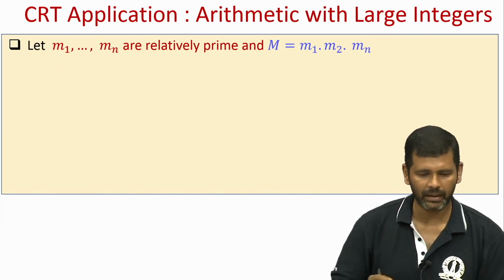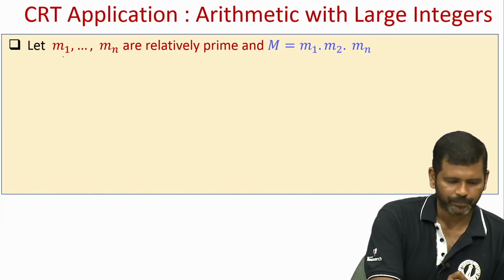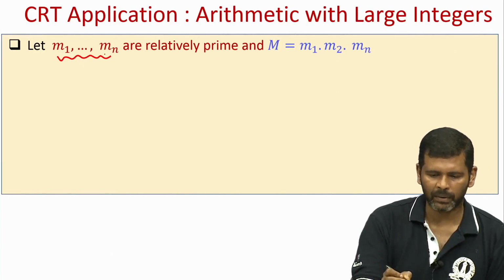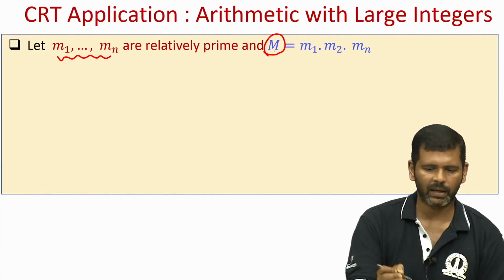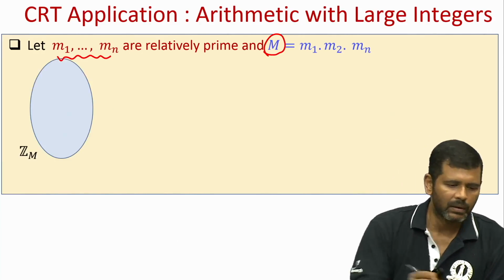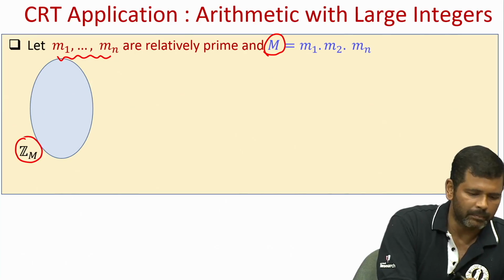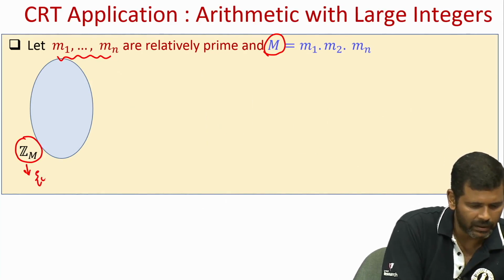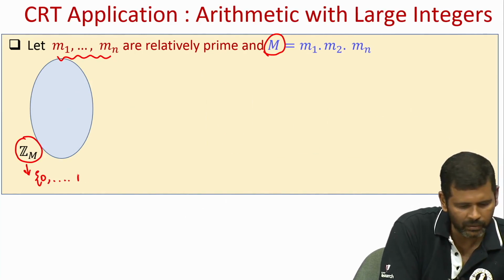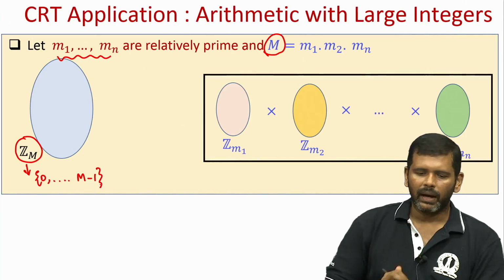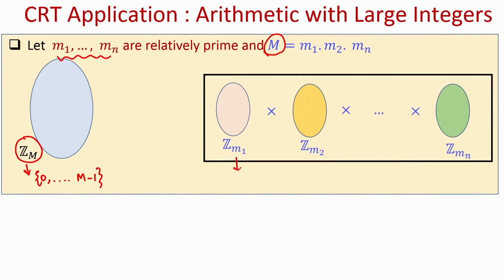What do I mean by that? So, imagine you are given n moduluses m1 to mn which are relatively prime, and you are given a bigger modulus capital M, which is the product of these n moduluses. So, consider the set Zm. This set Zm is nothing but all the integers 0 to M minus 1, and you have n small sets here.